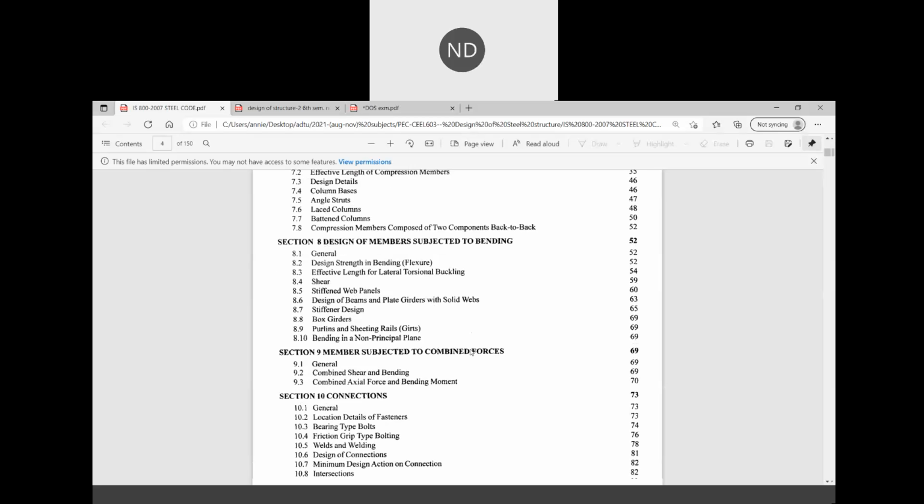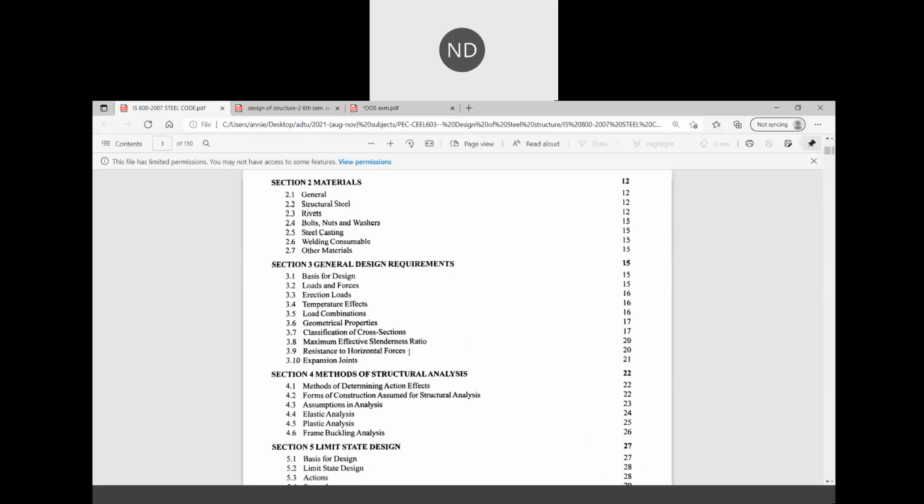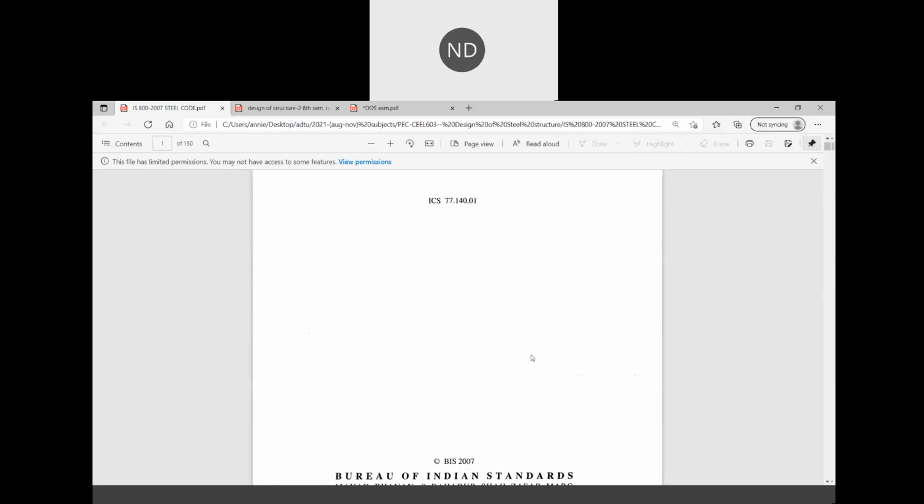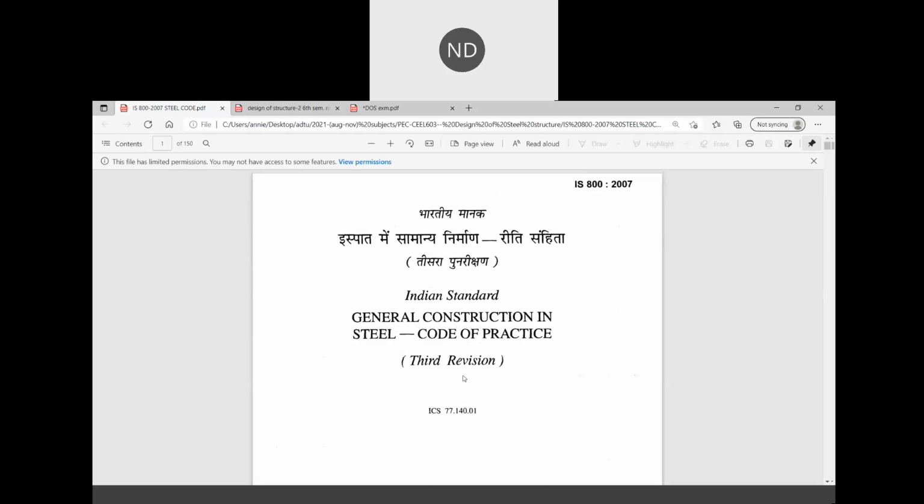Just download this IS code, or you can ask me and I'll share it with you. Just remind me. You have to have your IS 800 2007, the Indian Standard General Construction in Steel Code of Practice.